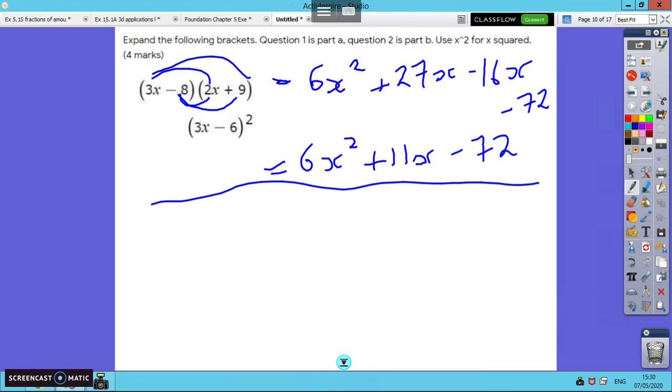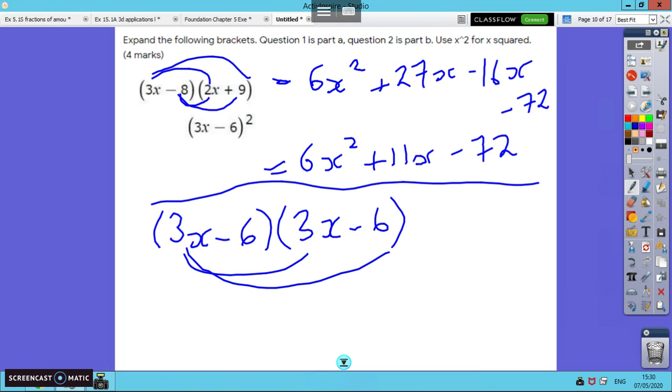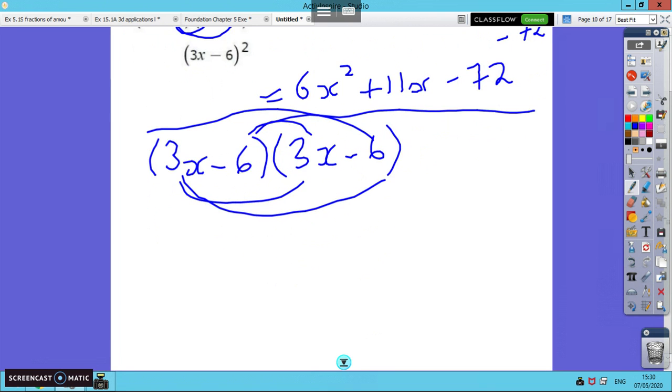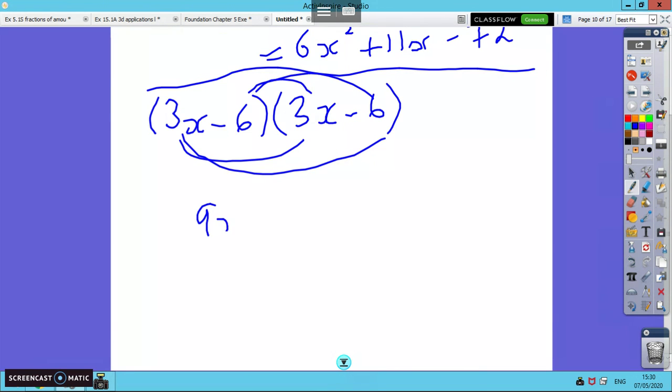Okay, for the next one, thank goodness all of you knew that that meant this. Okay, so again, you can draw your lines in to remind you need to multiply 4 things together. So 3x times 3x is 9x squared.